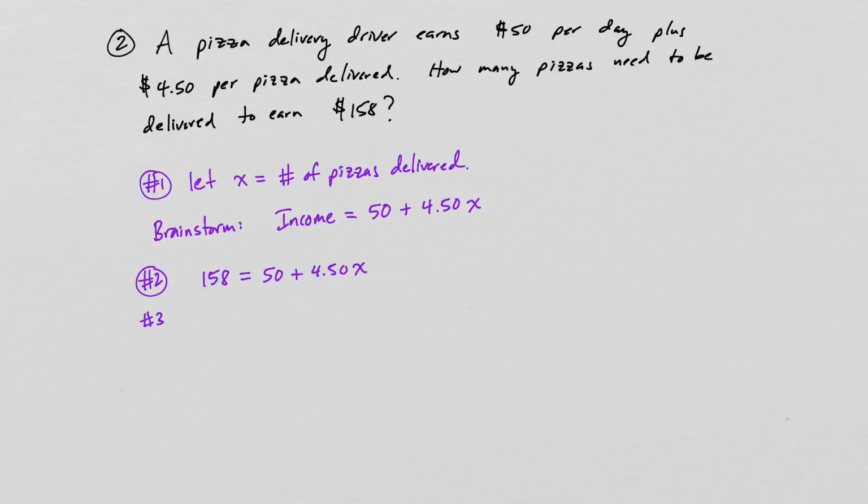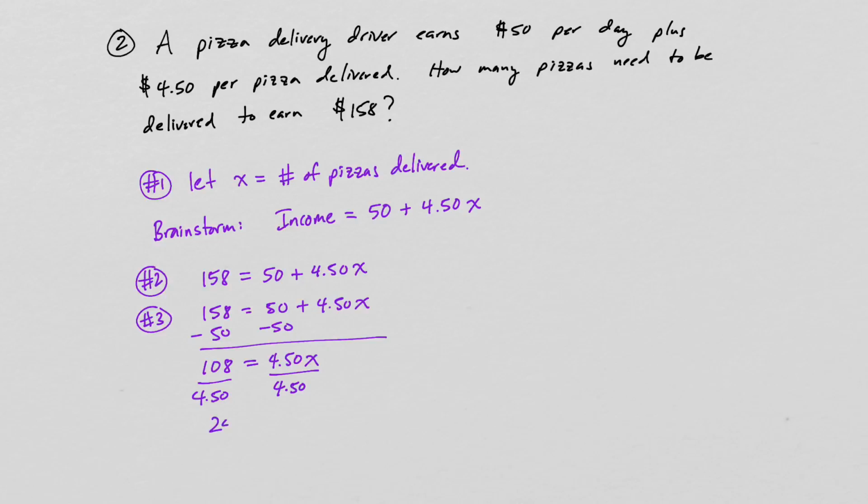And in step number 3 now, we just have to solve that equation. So if we subtract 50 from both sides, this gives us 108 is equal to 4.50 times X. And now we just divide both sides by 4.50.